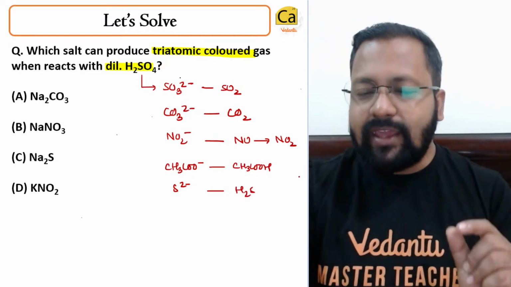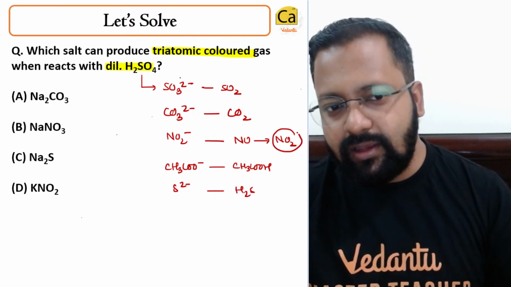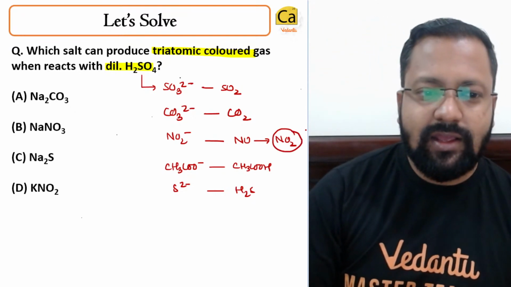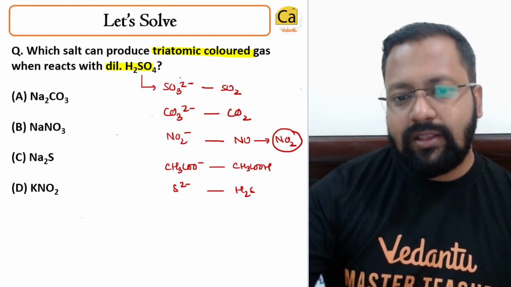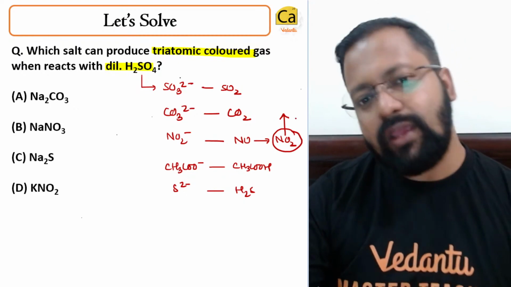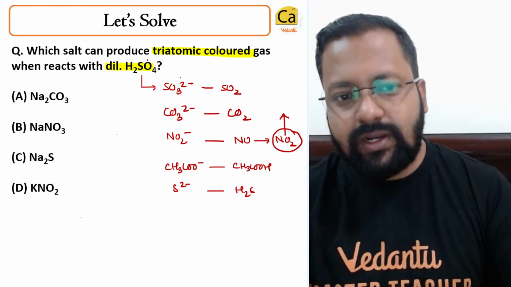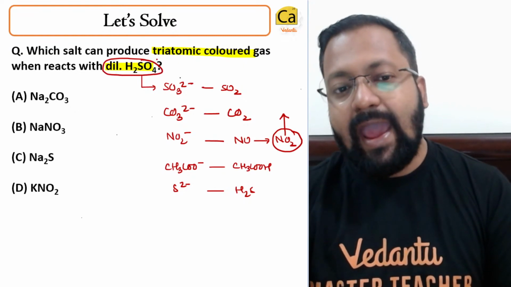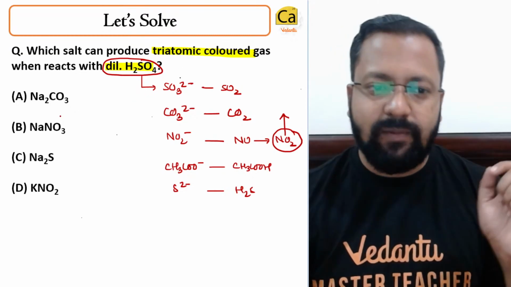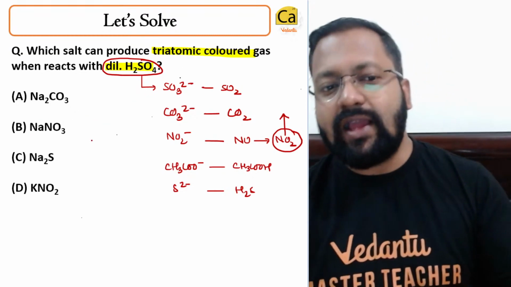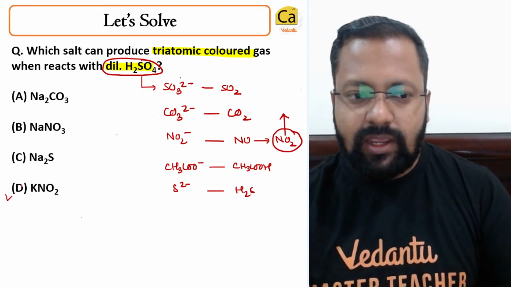Now the colored gas is obtained only in this case. Now, triatomic colored gas with dilute H2SO4. Had it been concentrated H2SO4, then our answer would have been B. But since the question is dilute H2SO4, our answer will be D.